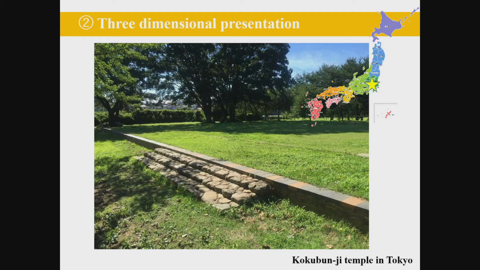Although the presentation is rather close to the surface presentation, the slightly elevated platform may facilitate a better understanding for visitors of the lost temple rather than through the method of surface presentation. In the same way as in surface presentations, maintenance improvement has been undertaken based on information confirmed through the excavation survey.